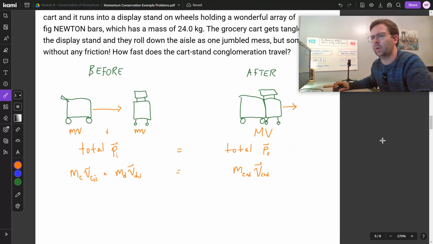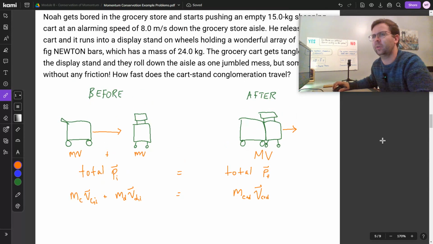So now we can start substituting in some values. And to do that, we're going to look at our word problem originally here. So it looks like for the shopping cart, it's got a mass of 15 kilograms and an initial velocity of 8 meters per second. The mass of the display stand, it says, was 24 kilograms.